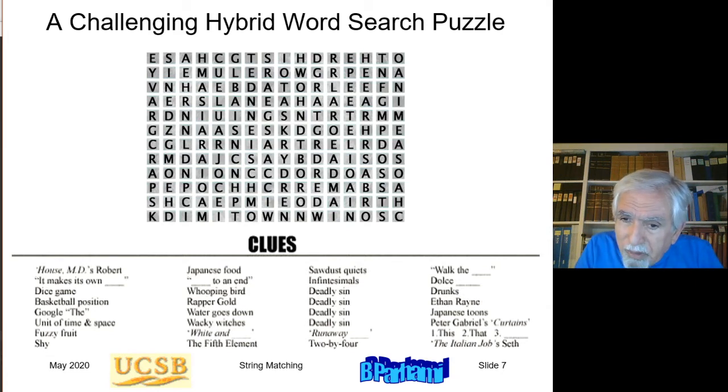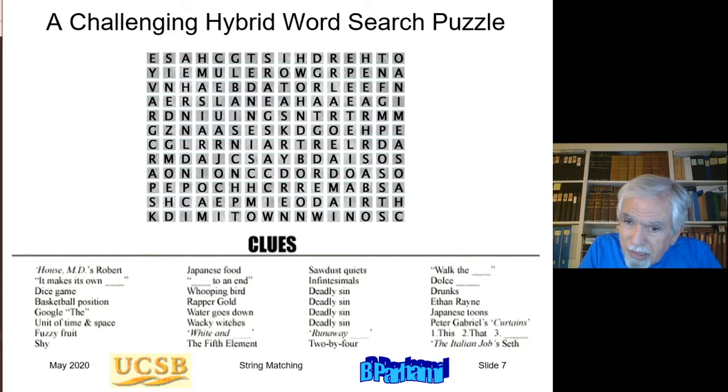So for example, the first clue says House MD's Robert. Okay, so you have to know something about House MD, the TV series. And then Robert may refer to an actor in that series or a character in that series. And probably the last name of that actor or character is what you have to look for. Like a crossword puzzle, okay?